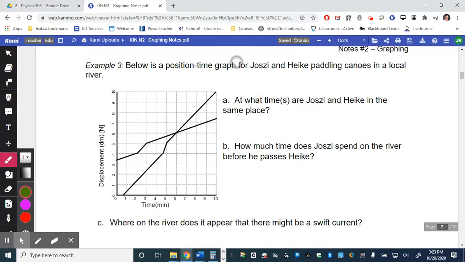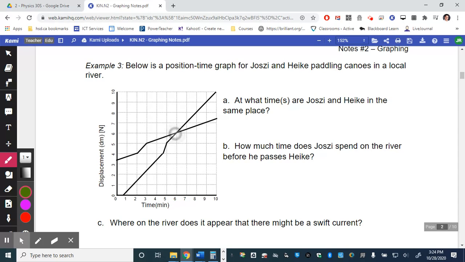Let's do another question. Example 3. Below is a position time graph for Josie and Heike paddling canoes in a local river. Okay, we can figure this out. At what time are Josie and Heike in the same place? Well, we don't even know which is which, but it doesn't matter who is who.